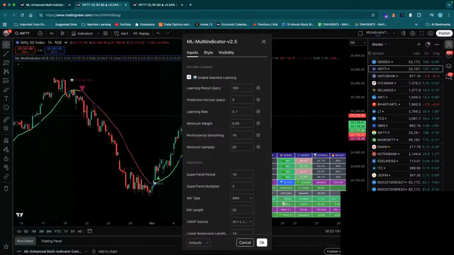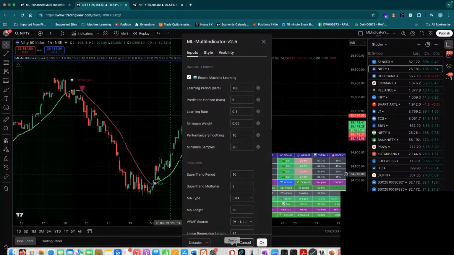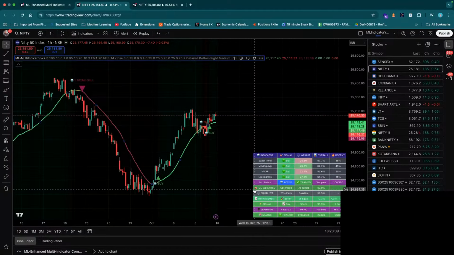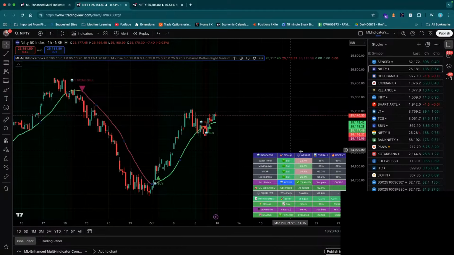You can also put medium, which we have as 5 right now. This is good for intraday and swing trading. And finally, if you want long-term prediction, you can go to 15 to 20. If you change to 15, some of these values would change, as you can see there is some change here.